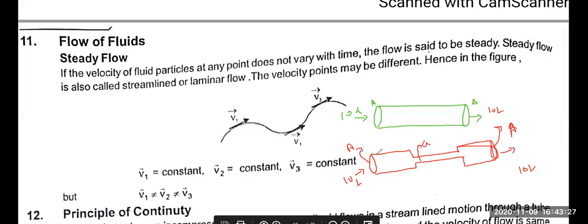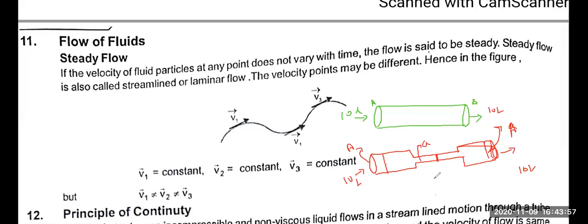Because if at any instant 10 liters are coming inside, then 10 liters should also go outside. Yes or no? Now, my question is, what will happen in this area?